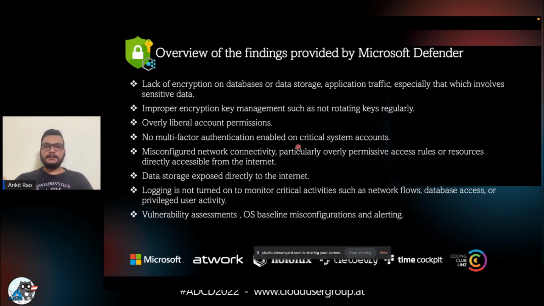This is a best practice most of you must be aware of: whatever keys or secrets we are using must be rotated regularly. Defender will provide a view saying that a certain key has not been rotated in the past x days, and if x is larger than a certain threshold, it will tell you that it's time to rotate your keys.